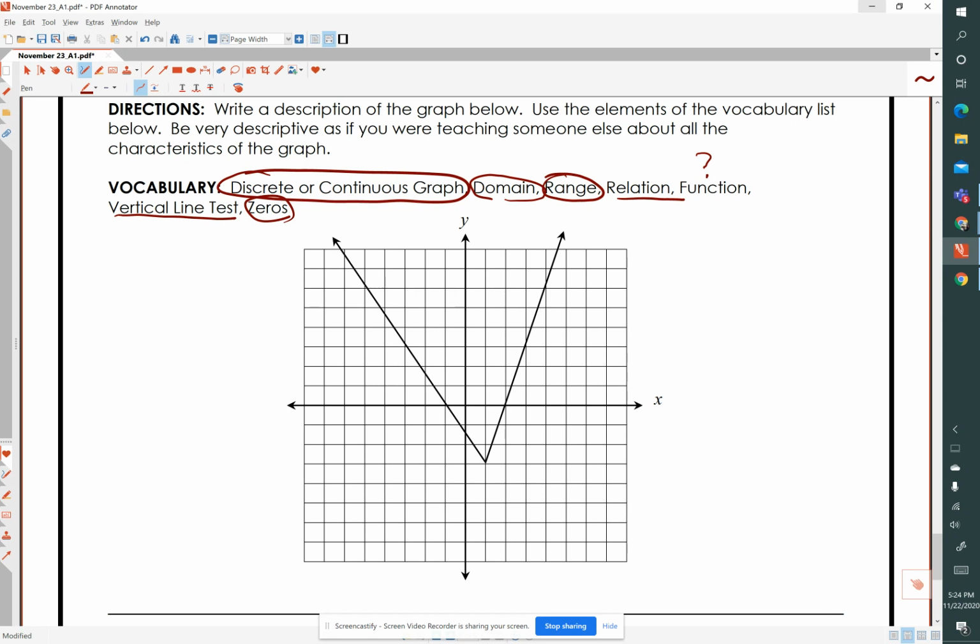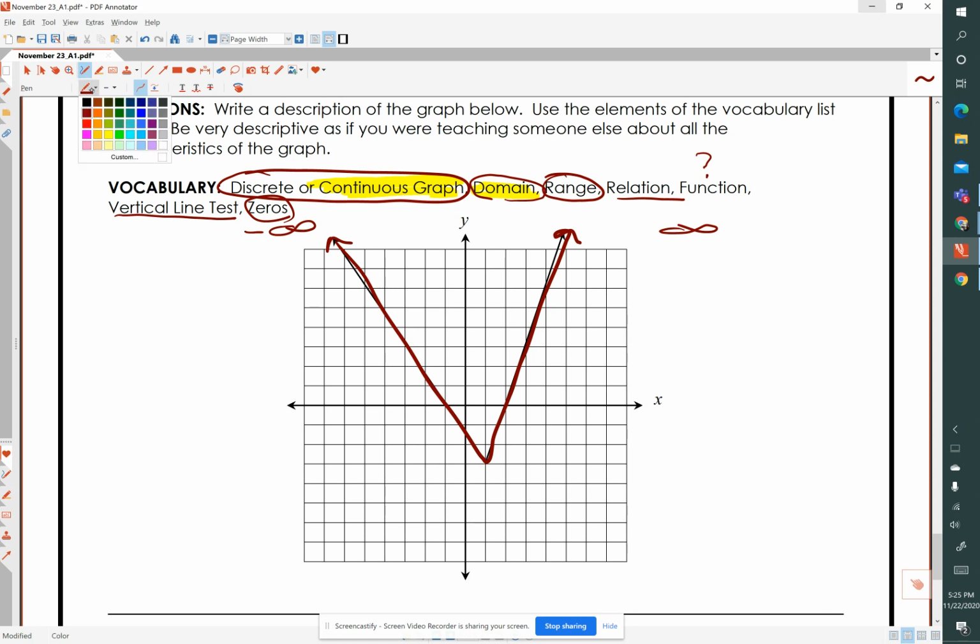So if we look at this equation, we see that, yes, this equation is definitely a continuous graph. It's not discrete. It's one complete line with no breaks. So it's a continuous graph. Let me get a highlighter. Okay, the domain: because this graph goes to infinity, both to the right and to the left, eventually going further and further, the domain is all real numbers.